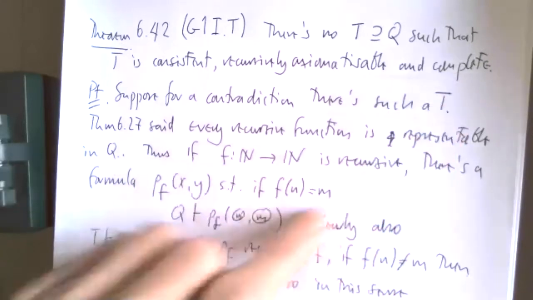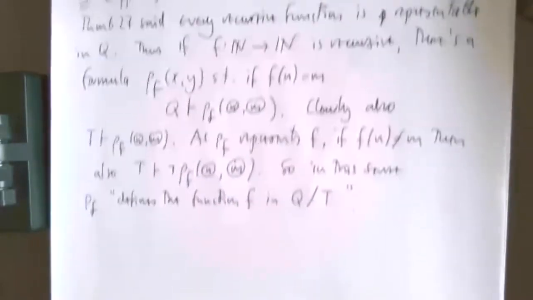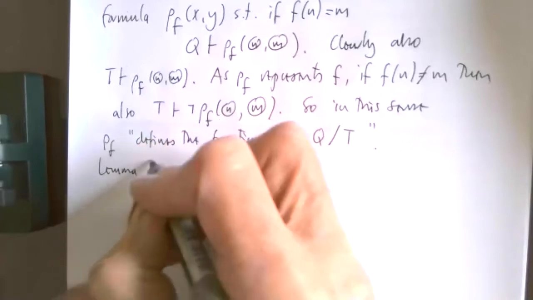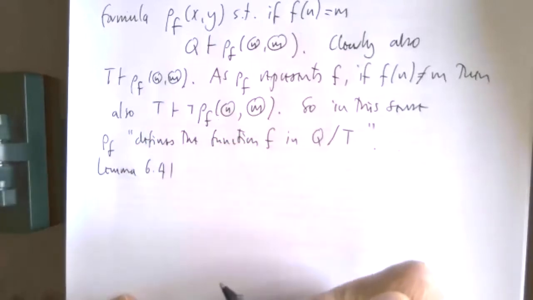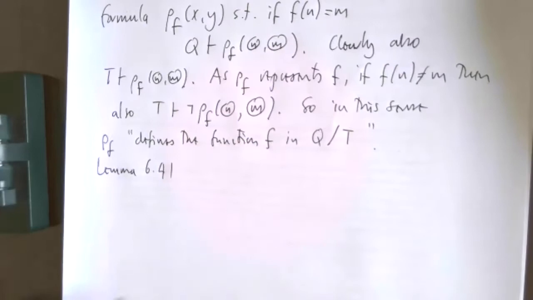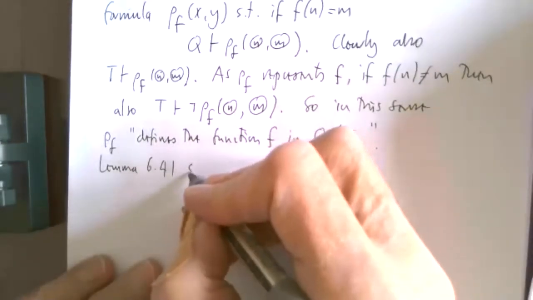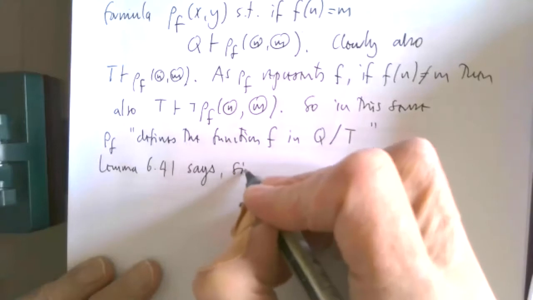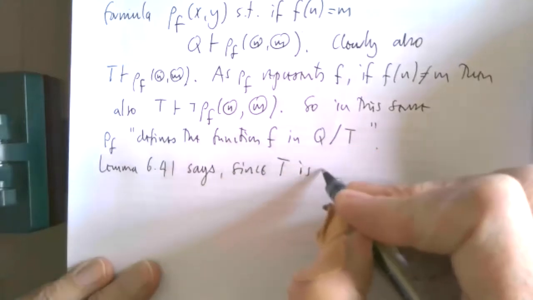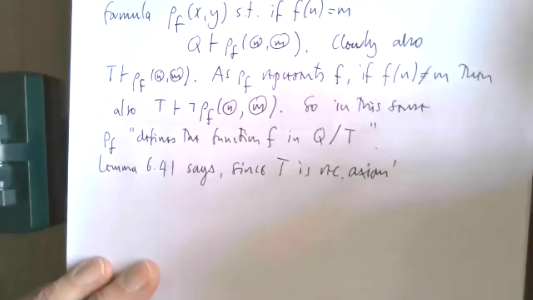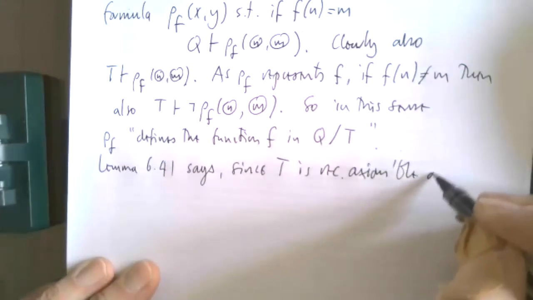It gets printed. So lemma 641 said that the set of consequences of T is actually recursive, since T is recursively axiomatizable and complete.